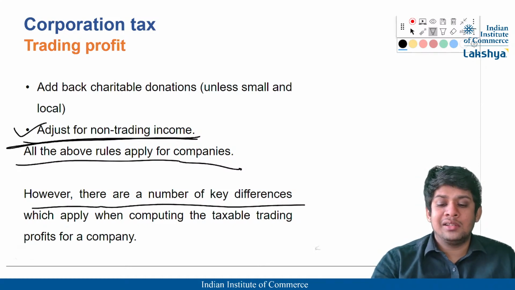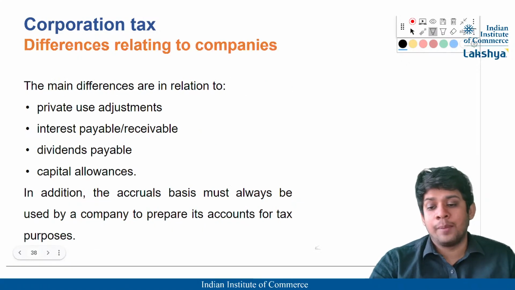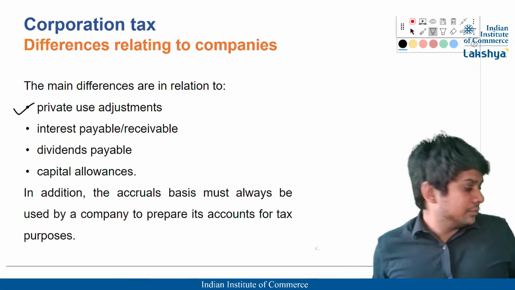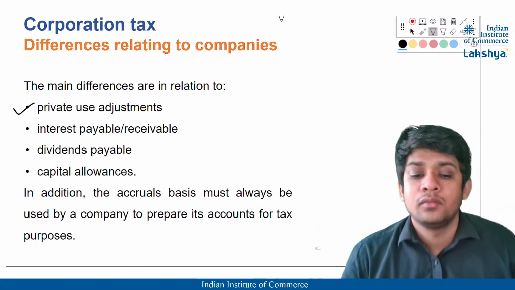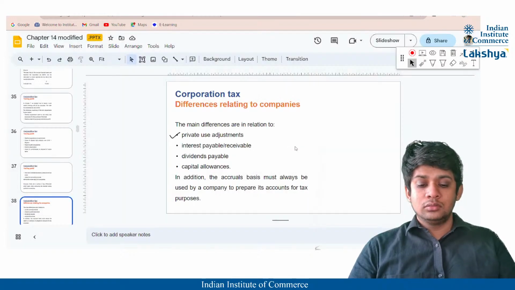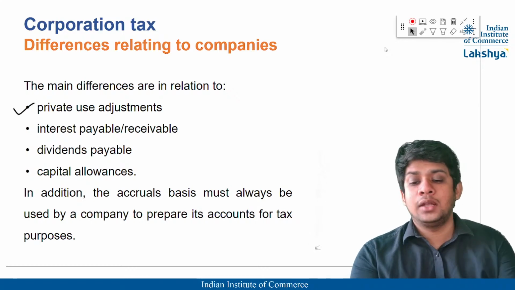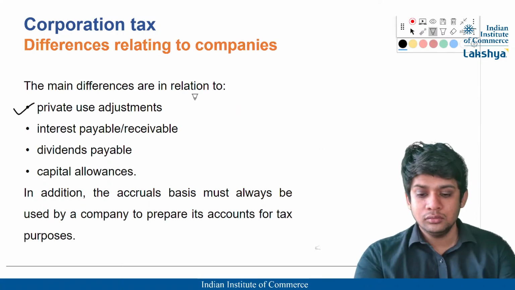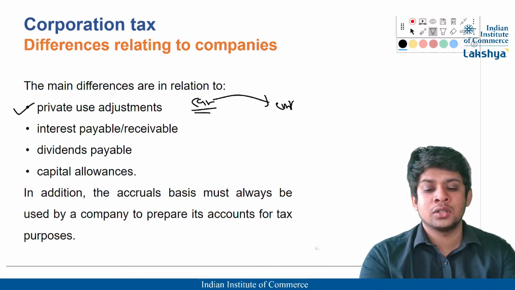However, there are a number of key differences which apply when computing the taxable trading profits of a company, that is private use adjustment. Now, guys, what happens is the company has given a car to its employee or manager.